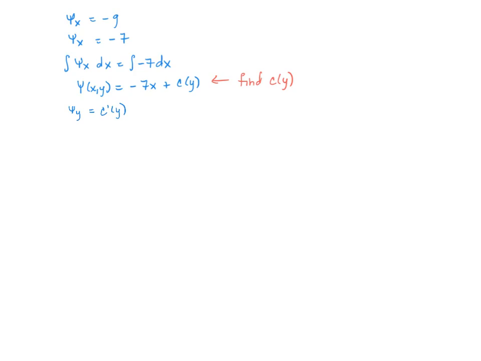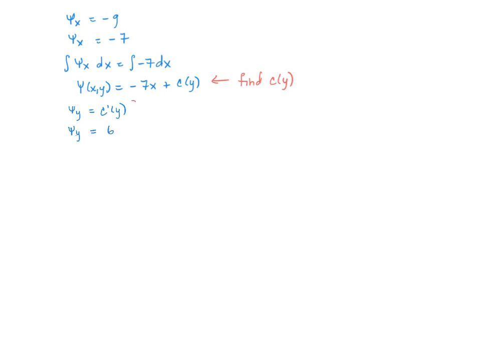Now, if I just look at my vector field and I directly compute the partial derivative of psi with respect to y, remember that's supposed to be equal to the f component of my vector field, so that has to equal 6.